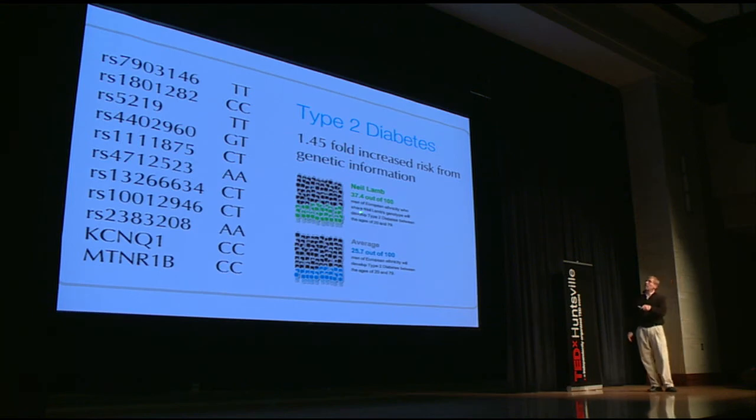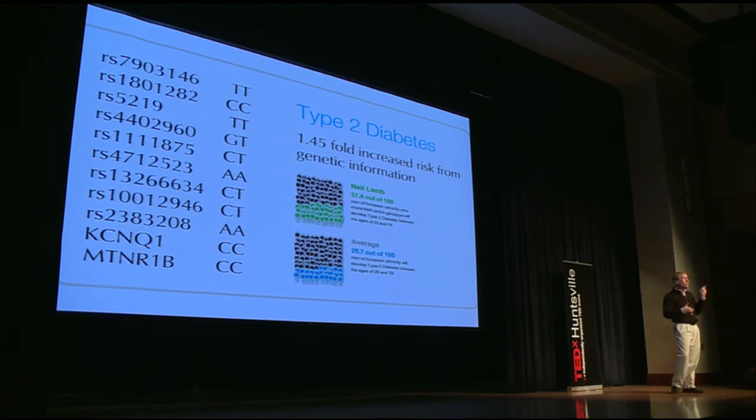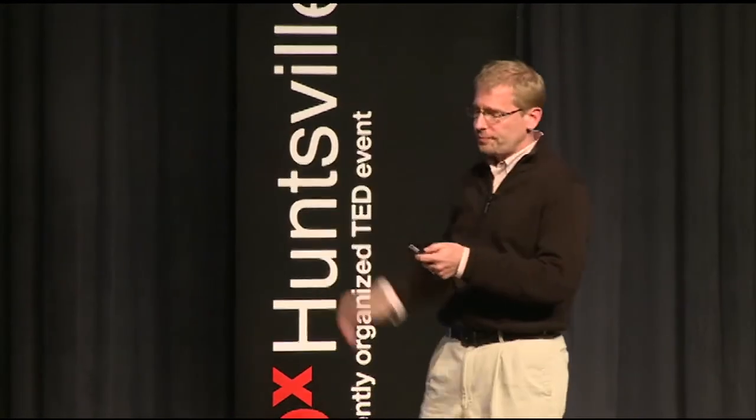So, men with my specific genotype, 37.4 out of 100 develop type 2 diabetes. This is important information. I want to know this. I'm going to think twice before I take a second Krispy Kreme glazed donut. But there are a lot of other issues I've got to be aware of. My environment, like I just said, this isn't all.